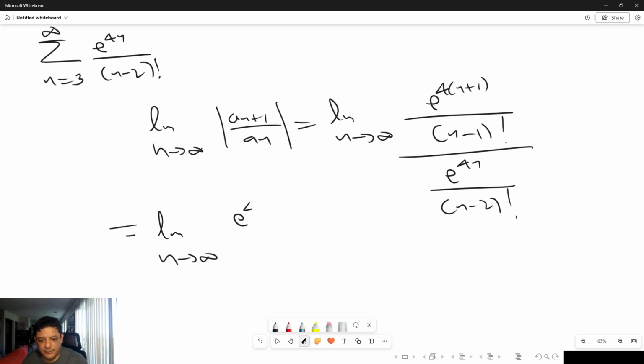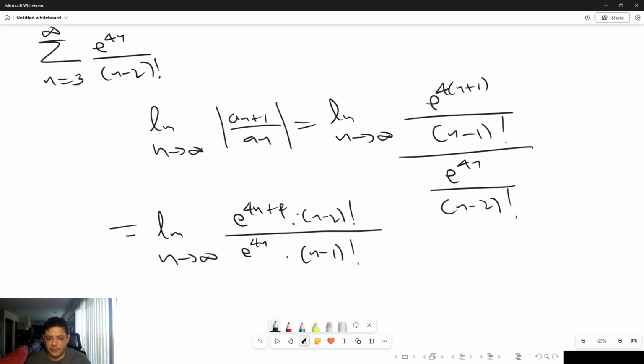This is going to be e to the 4(n+1), or simply e to the 4n plus 4, times (n minus 2) factorial. And on the bottom, we have e to the 4n times (n minus 1) factorial.